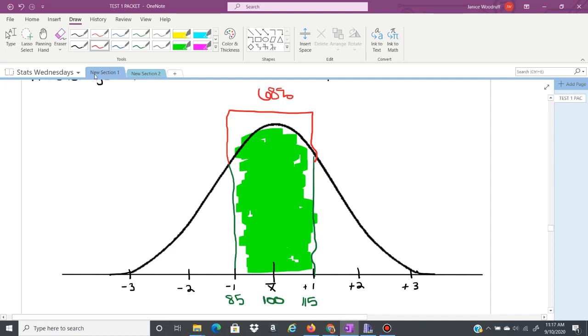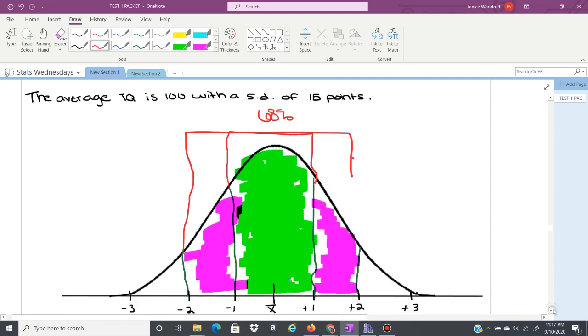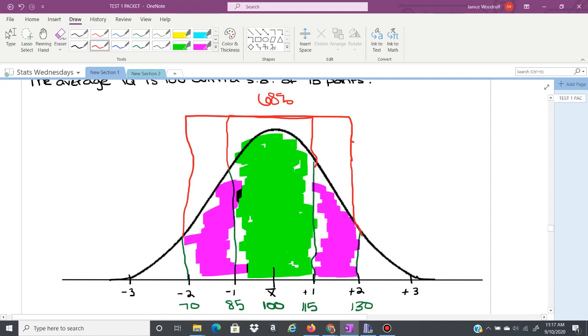Now if we go one further, I subtract another 15, that's 70, and add another 15, that's 130.